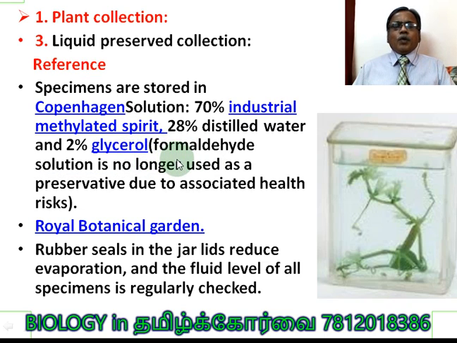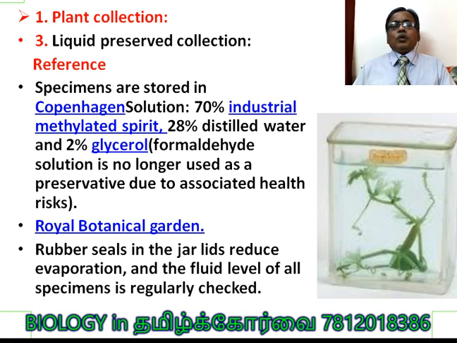But nowadays formaldehyde is not used. Suppose you go to the laboratory and ask your teacher what solution is used as a preservative. Usually we say formaldehyde, because all those specimens were preserved about 20 or 25 years back, and are still there. Very good collection.